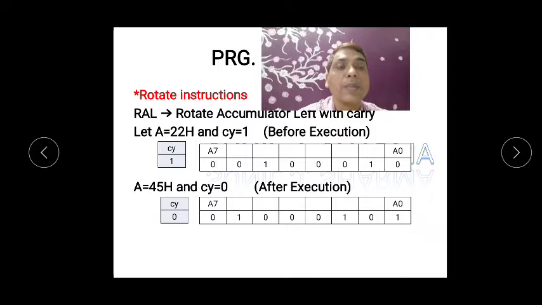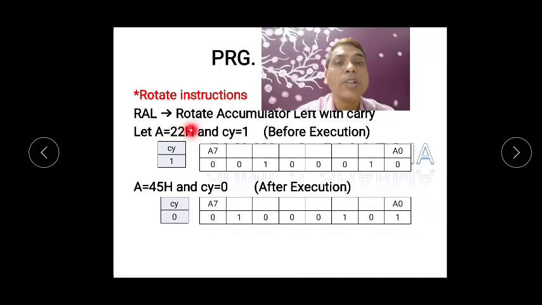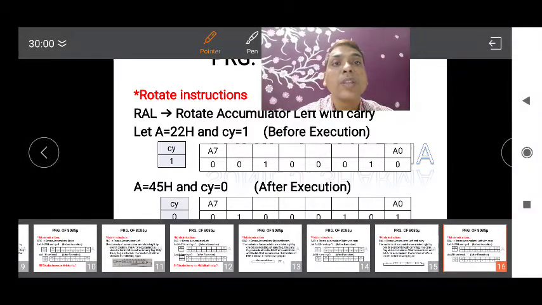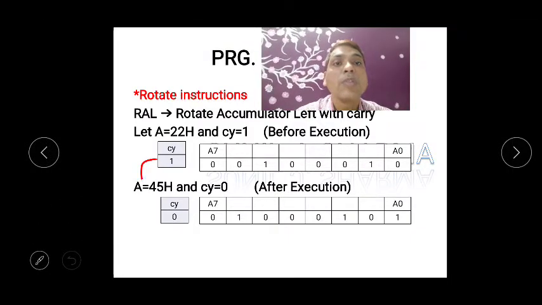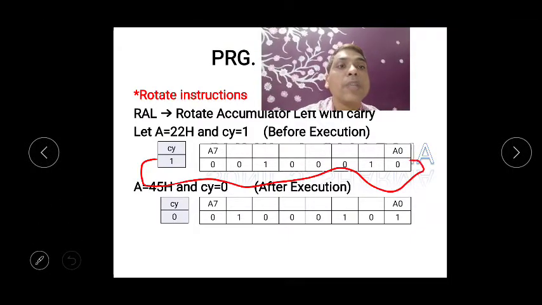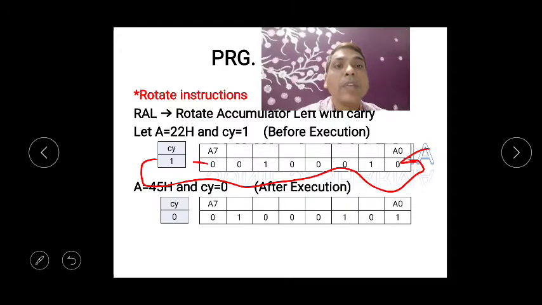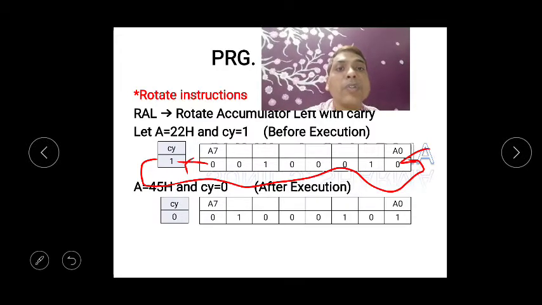Let's take an example. Rotate accumulator left with carry. The accumulator is 22, carry is 1. We have just written the same thing. Now in this case, whatever the carry is will be given to A0, and whatever the value of A7 is will be given to carry.